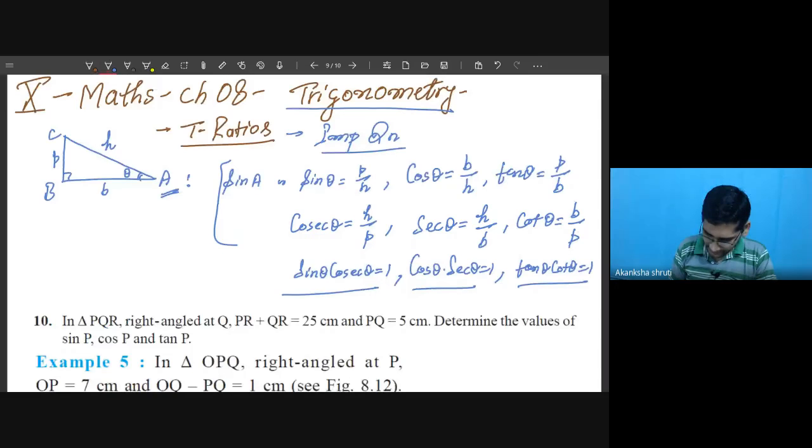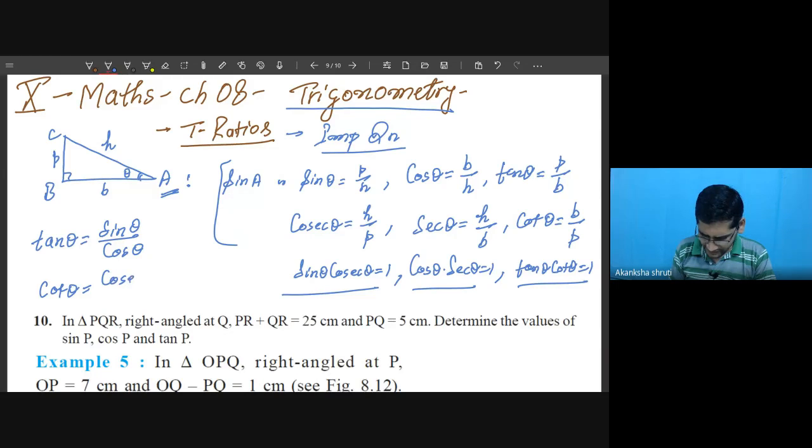And the other important one is that tan of theta is nothing but the ratio of sine of theta by cos of theta. So cot of theta can also be written as the reciprocal, 1 by tan. So cot of theta can be written as cos theta by sine theta. In a similar fashion, considering cosec theta and sec theta, tan can also be written as cosec theta by sec theta.